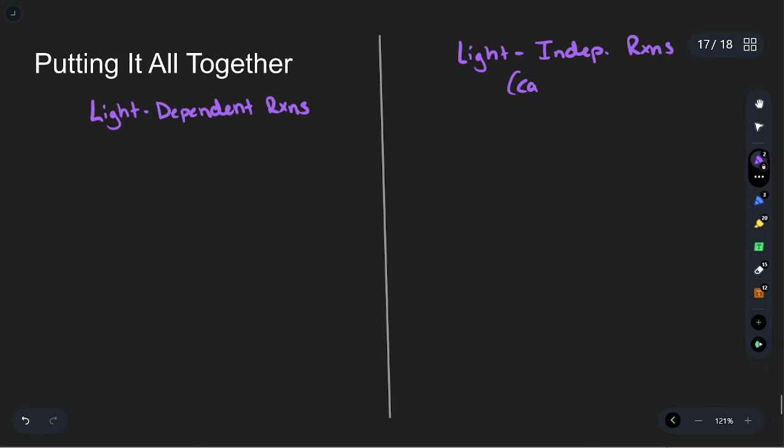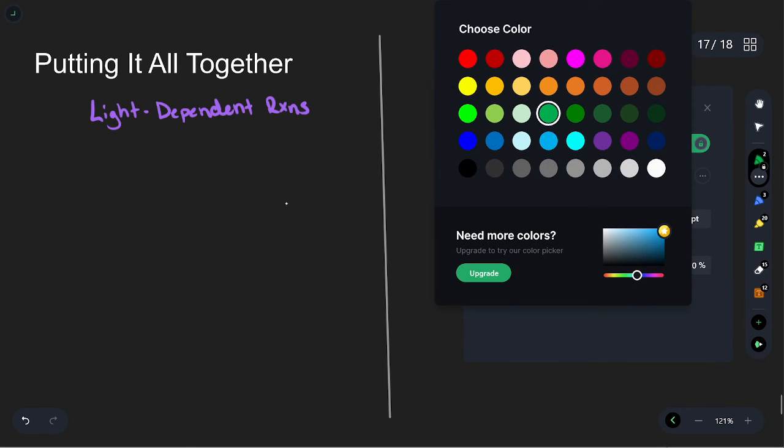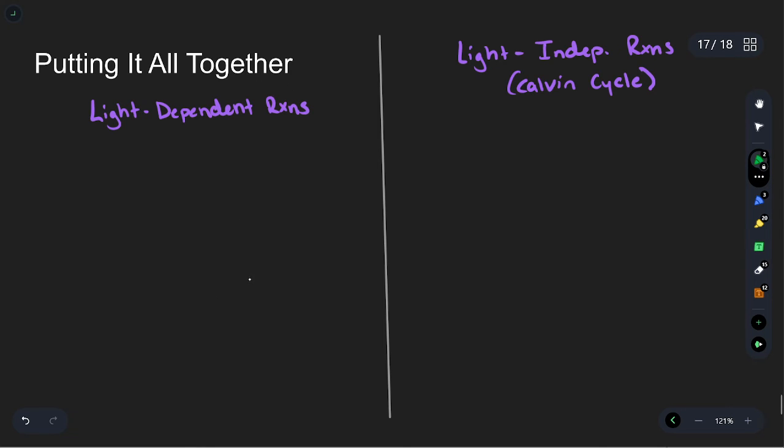Calvin cycle. Okay, just as we've learned using the Z-scheme and through that diagram of the ETC, light-dependent reactions involve photosystems 1 and 2, with photosystem 2 being first.